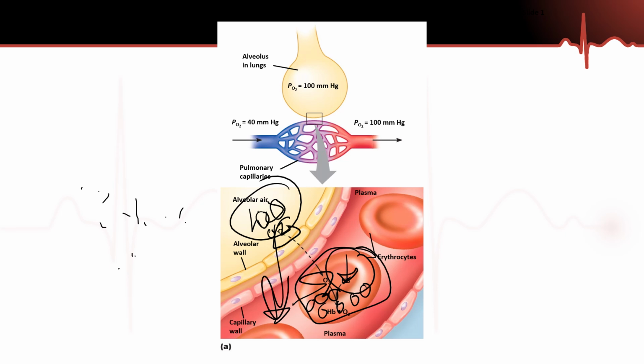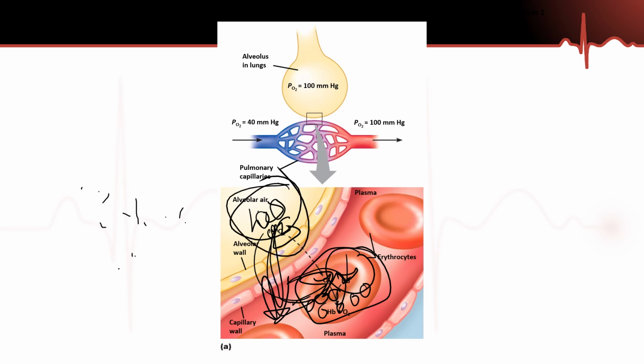So this loop here is just going to keep happening again and again, at an incredibly rapid pace. We're talking milliseconds here. The point is, the red blood cells are getting a continual supply of oxygen that's coming from the air in the alveolus.